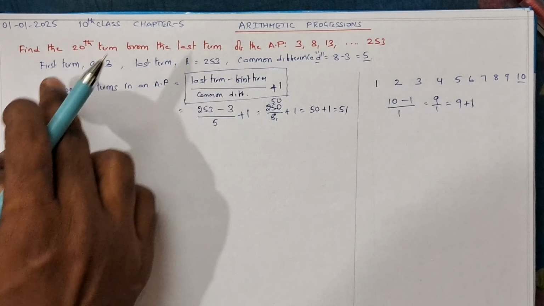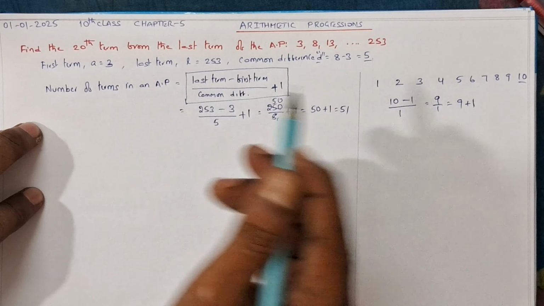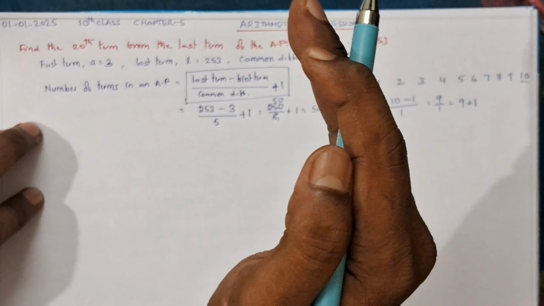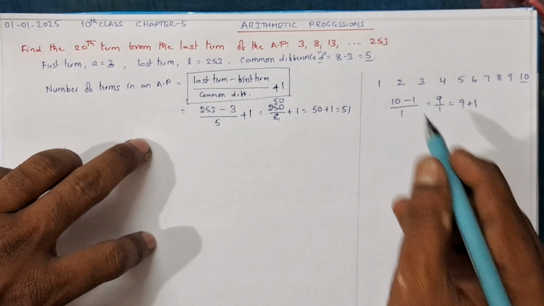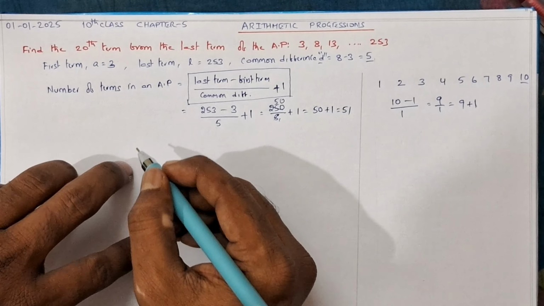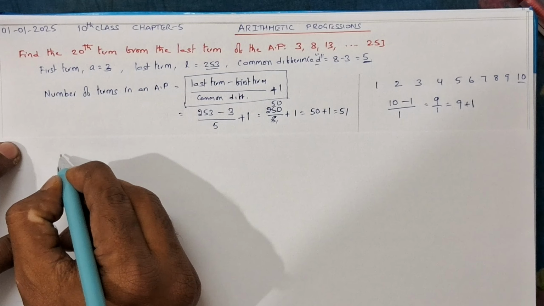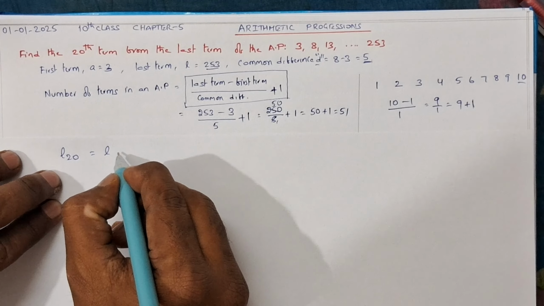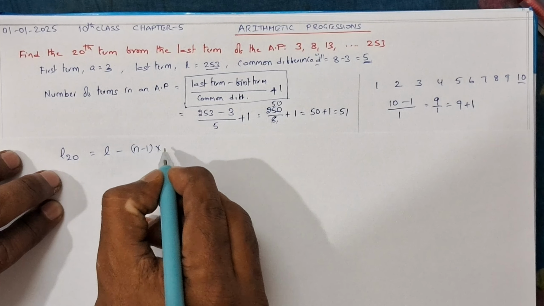Here some criticality is there. 20th term from the last term. So from the last it is 20th. From the first, how much term we have to identify. Similarly, here the same above formula. So we need to find out L20. L20 is equal to L minus (n minus 1) into d.